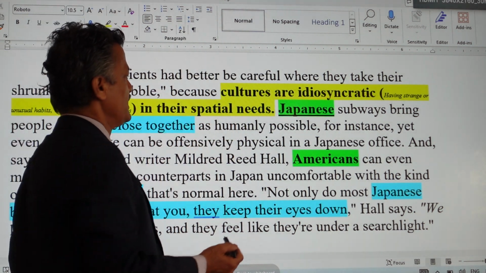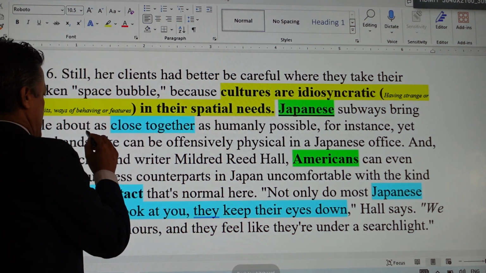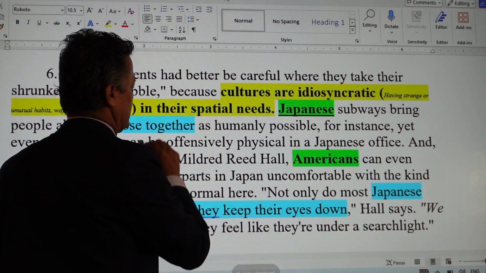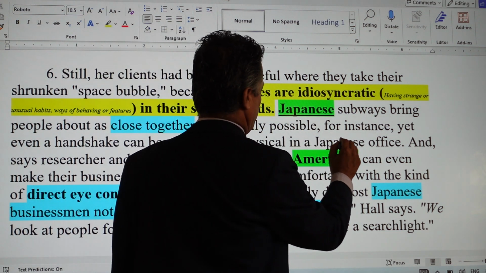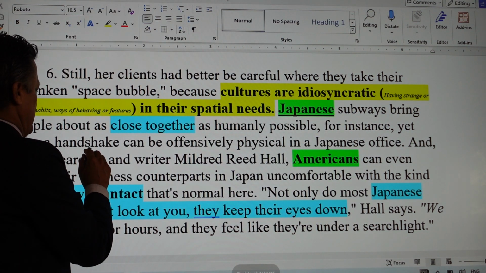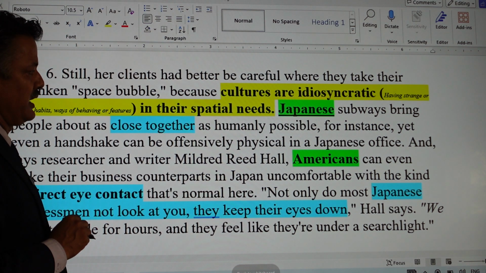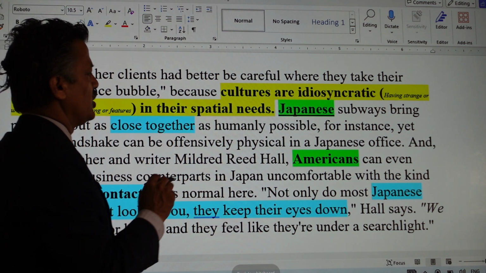Topic. Now read ahead. Japanese subways bring people about as close together as humanly possible, for instance. Yet, even a handshake can be offensively physical in a Japanese office.